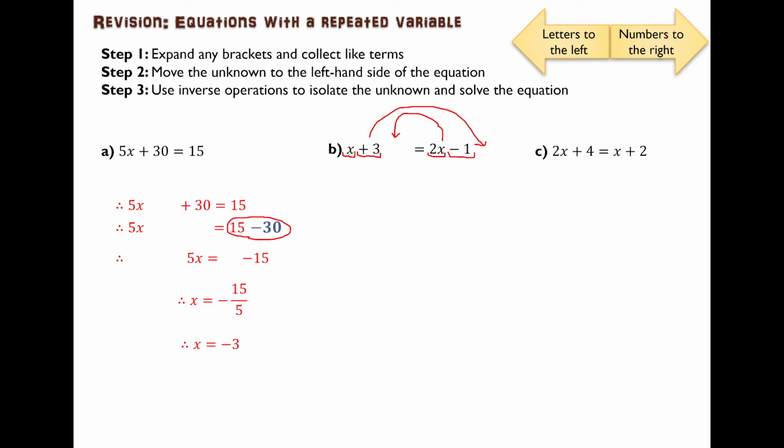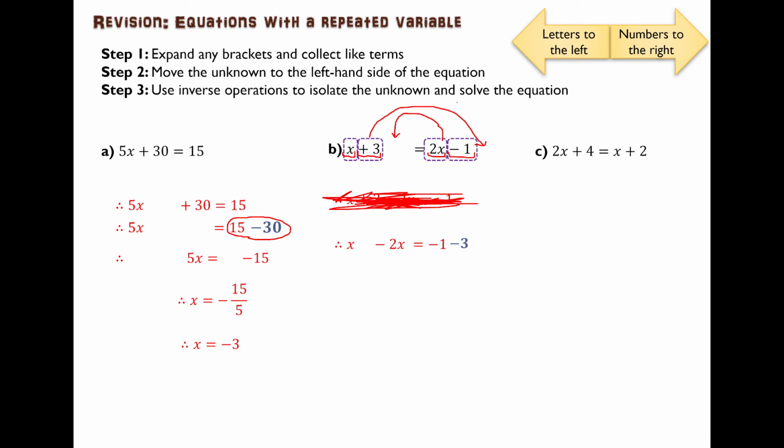So what will we have? The x will be on the left. I might just ignore this bit for now, just so we can do it in one step. Don't worry about that. The x is still there. The plus 3 has moved to the other side.